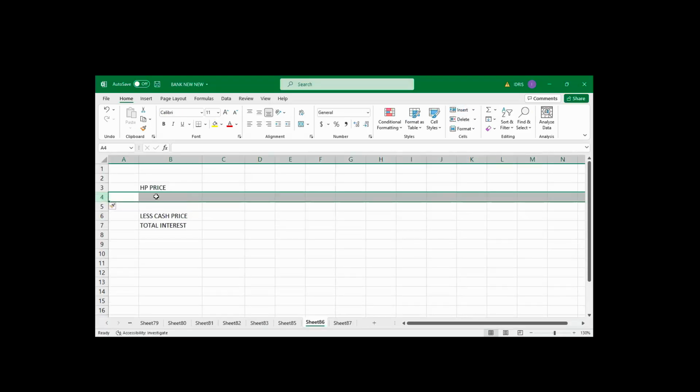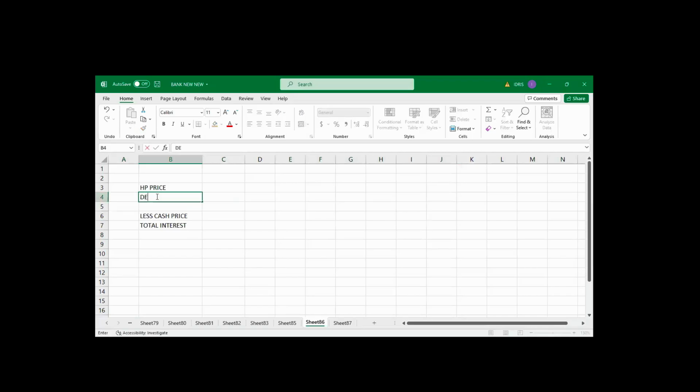Now, we can get our hire purchase price by ourselves. How do we get the hire purchase price? Deposit. How much is the deposit? 250,000. Total installments.